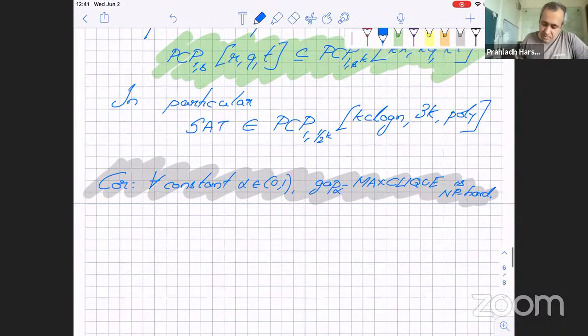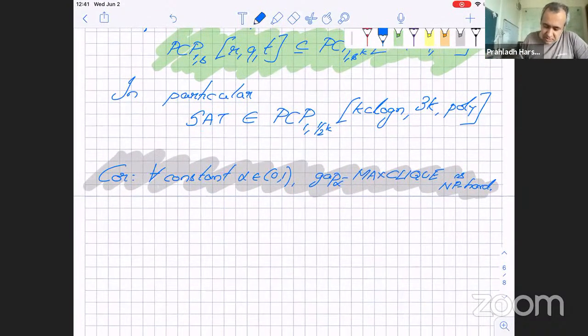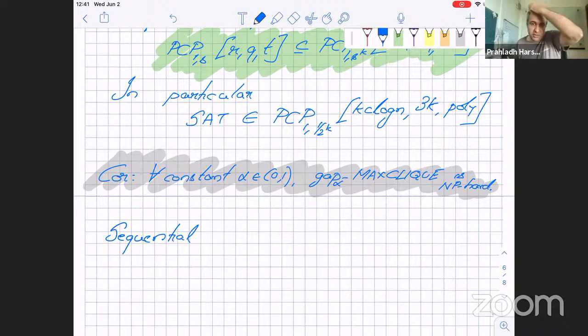But there is a question. So you can do the sequential repetition. This will be an aside for those of you who have done my other course, the toolkit course. We saw how to do this, the sequential repetition.